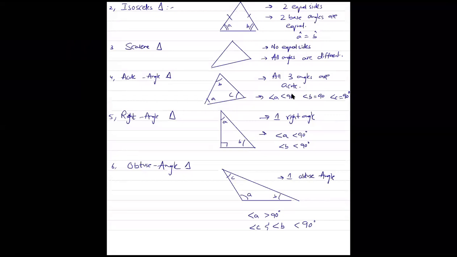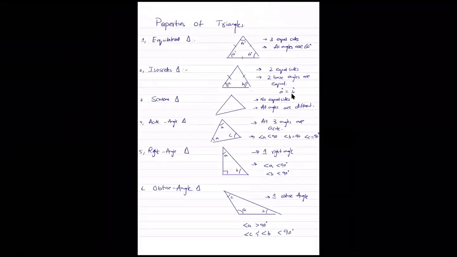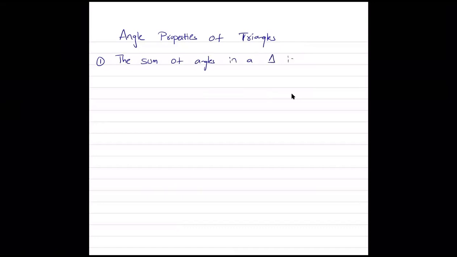Now let's talk about the angle properties of a triangle. The first angle property that you are aware of is that the sum of angles in a triangle adds up to 180 degrees.